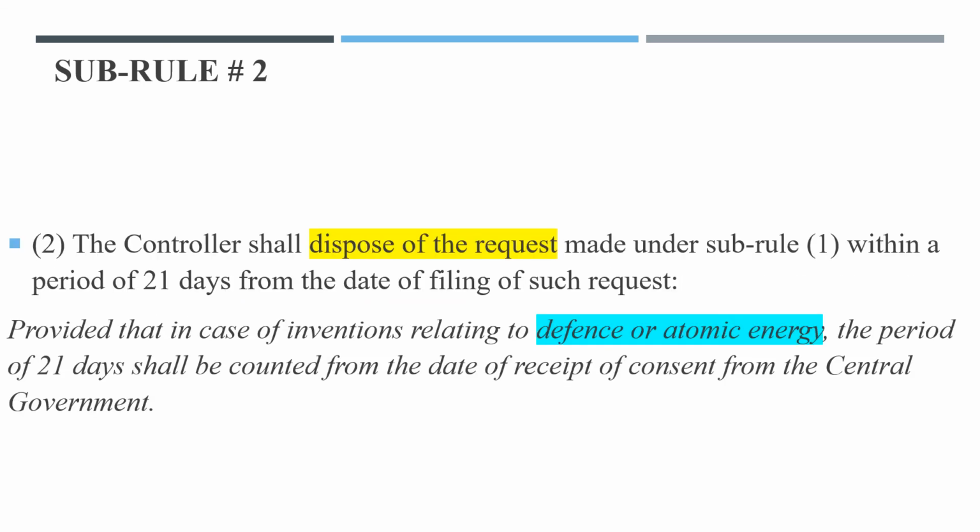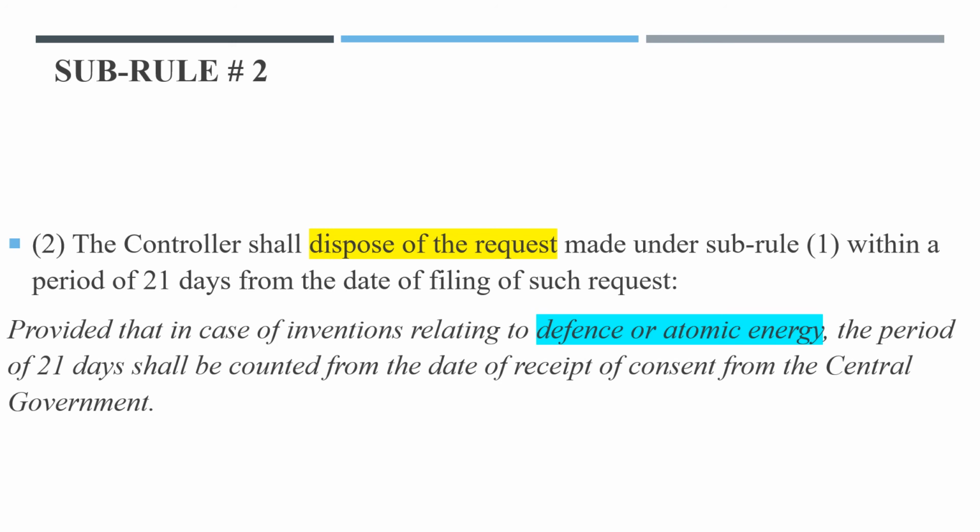Subrule 2 says the controller shall dispose of the request made under subrule 1 within a period of 21 days from the date of filing of such request, provided that in case of inventions relating to defense or atomic energy, the period of 21 days shall be counted from the date of receipt of consent from the central government. Just remember the time period. This is 21 days. That also we have discussed while we were discussing Section 39.